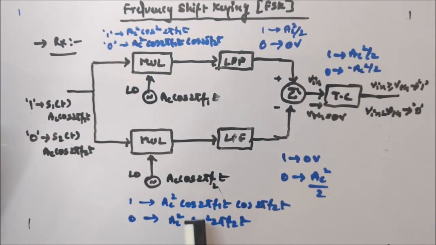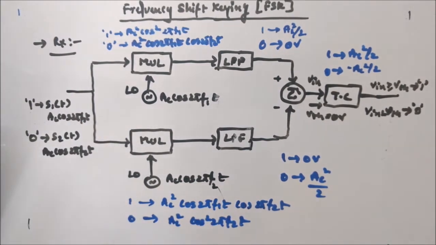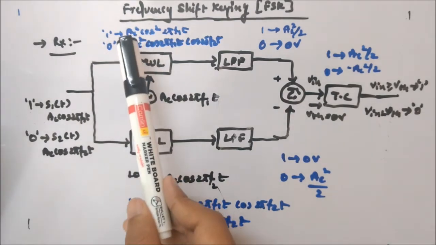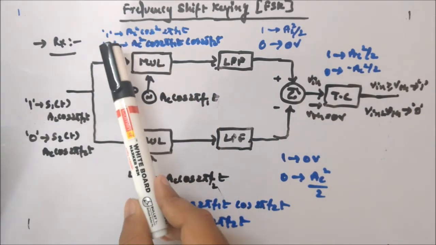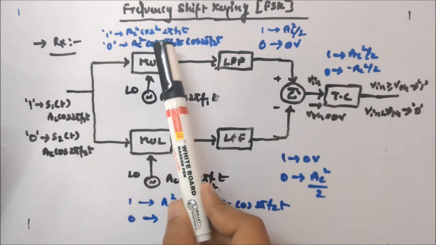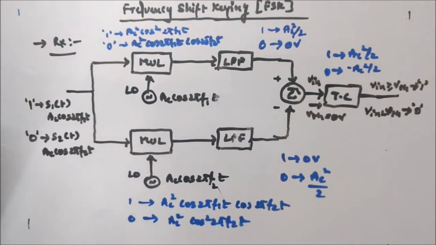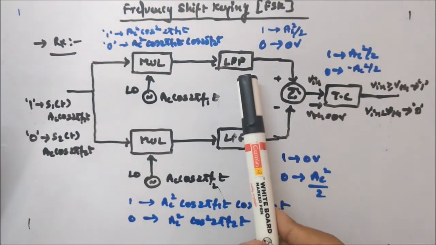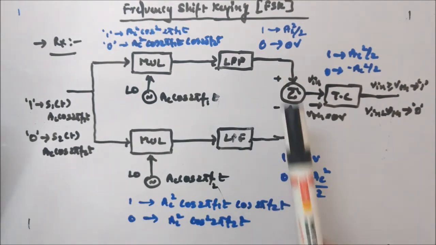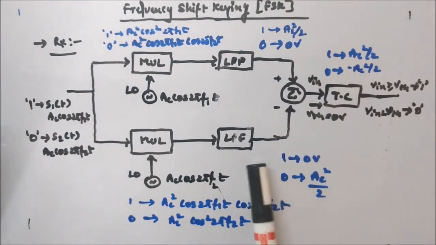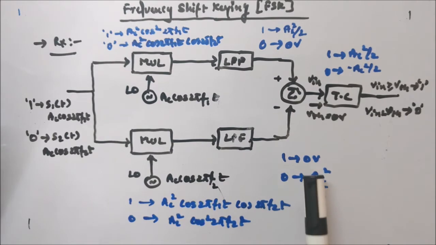So in case of bit 1, meaning S1 is coming, the output of one multiplier will be Ac² cos 2πf1t cos 2πf2t, and the output of the other will be Ac² cos² 2πf1t. Then the low pass filter outputs will be Ac²/2 and 0.